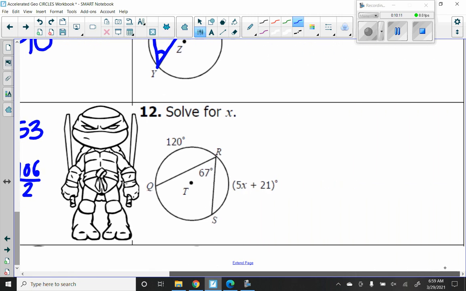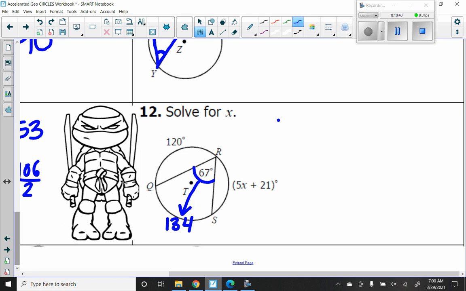Okay, all right, on this one, how I can find x is I'm going to use the arcs. So I have arc RS plus arc RQ is 120, plus my unknown arc equals 360. But I know this is 134 because I used my inscribed angle relationship and multiplied it by 2 to get that one.